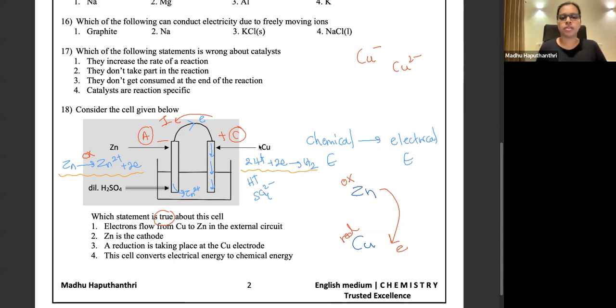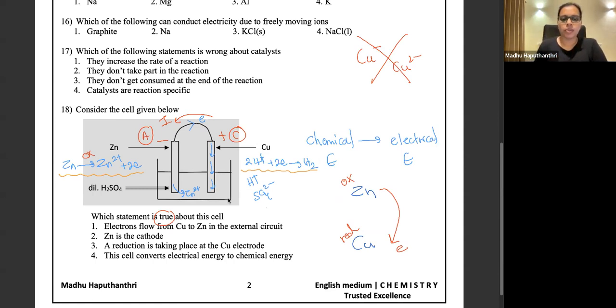If copper accepts electrons, it has to go to Cu minus or maybe Cu2 minus. Such ions are not there, right? So we are not at copper 2 plus, we are at copper. Okay.